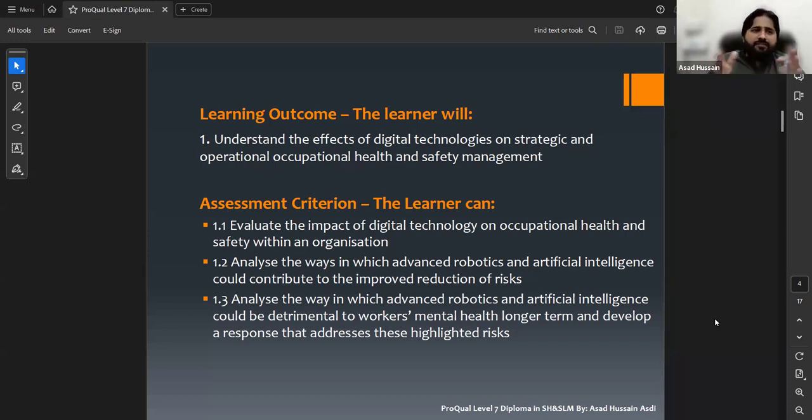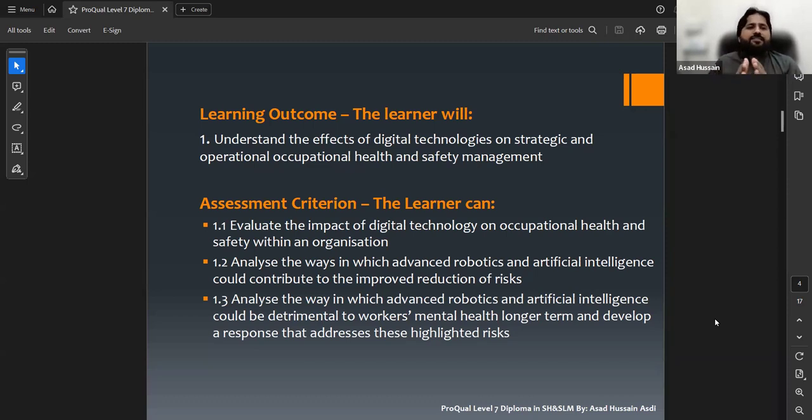And then we have different remote control technologies, sensor technologies, and different means which relate to technology. And when we are using those technologies for occupational health and safety, then definitely these digital technologies will affect the occupational health and safety management system.